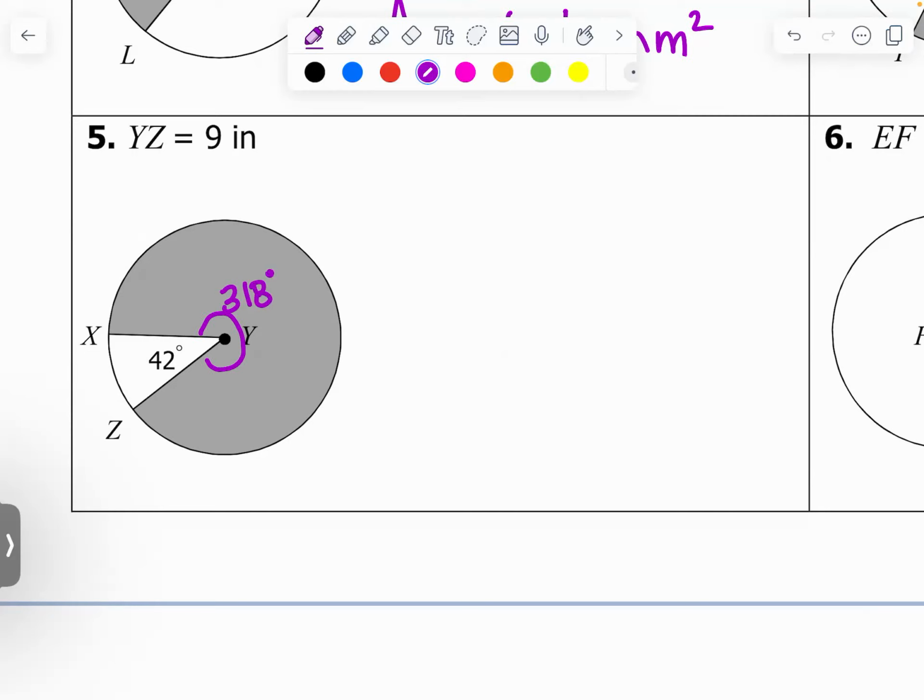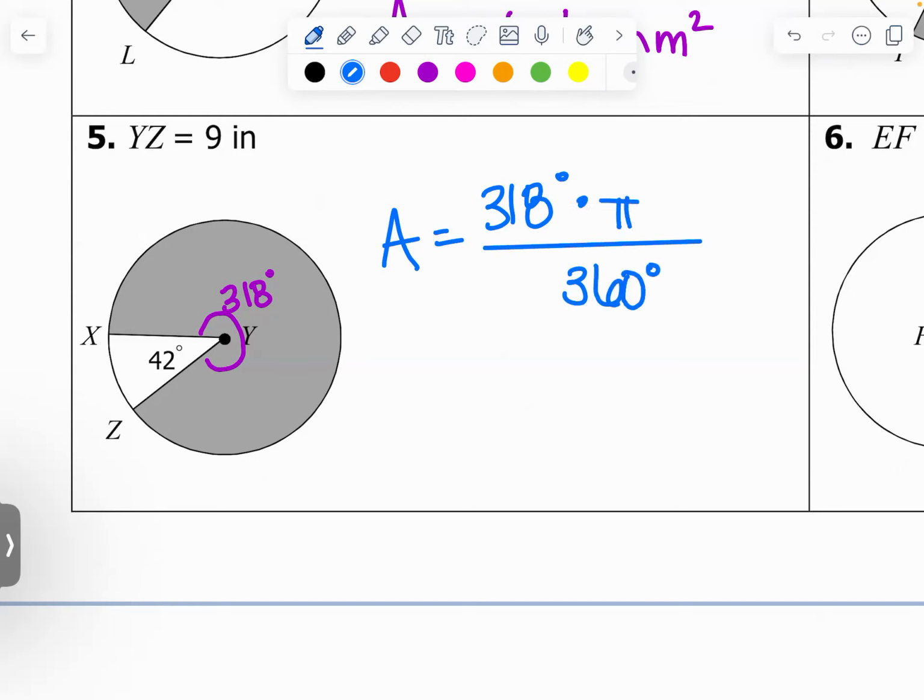I like the 318 better. There's 363. Oh, I did 380. That's a weird number to choose. 180. She said I was 318. So our central angle is 318. Ooh, and what's our radius? 9.